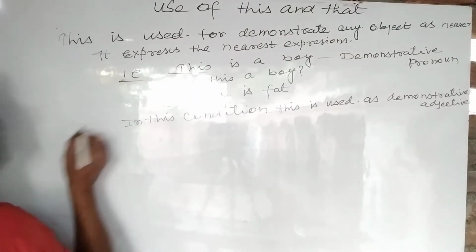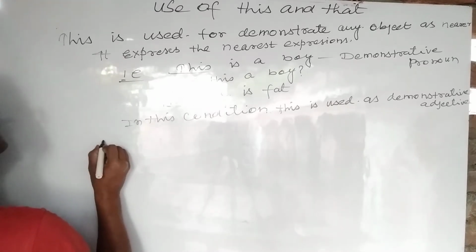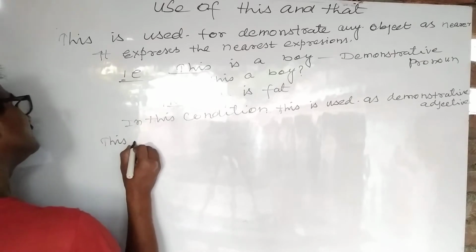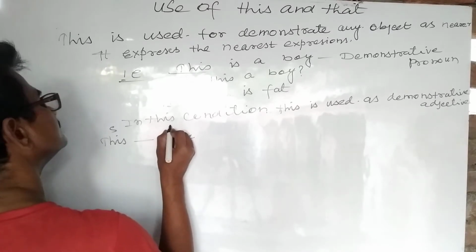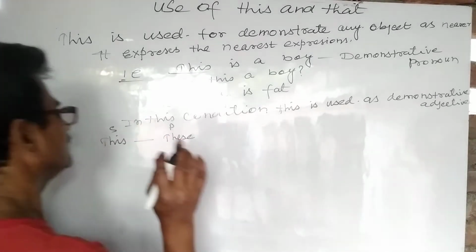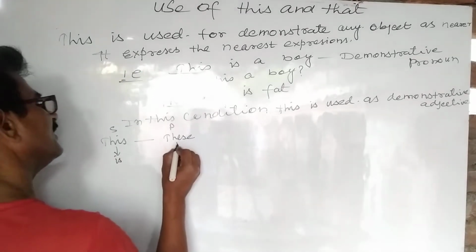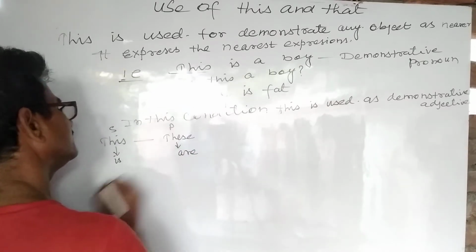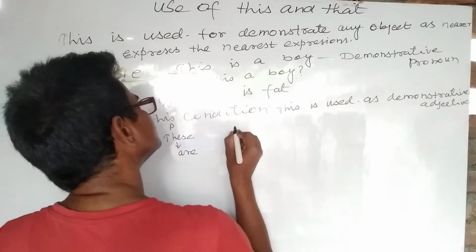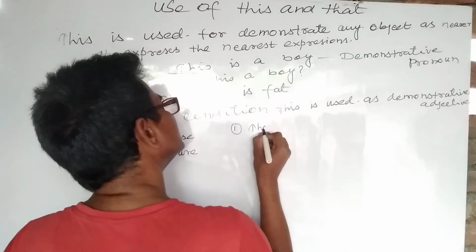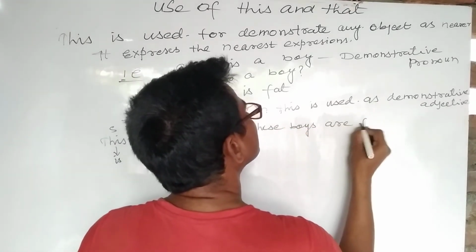You know that the plural of this is these. This, singular, and these, plural. So the verb of this is is, and the verb of these is are. Now easily you can write: these boys are fat.